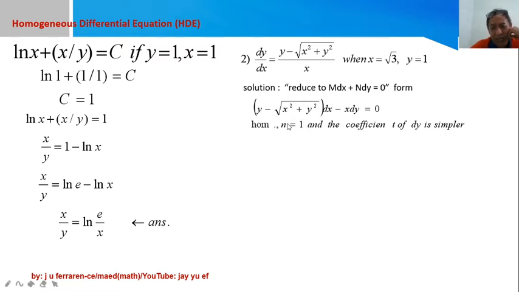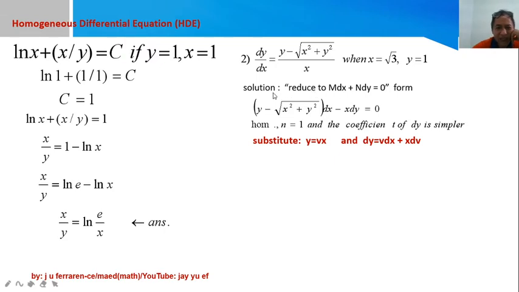So I'm going to consider the coefficients of the dx and dy. Obviously, the dy is the one containing the simpler coefficient. So I have to transform my y, replacing that with vx. Then the dy can be a product of v dx plus x dv. But actually, if you make another option of changing your x as vy, it does not make your answer wrong.